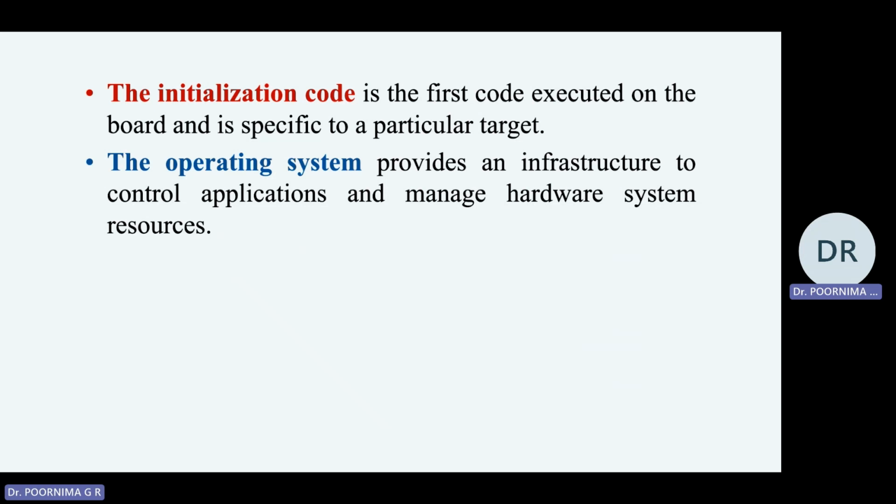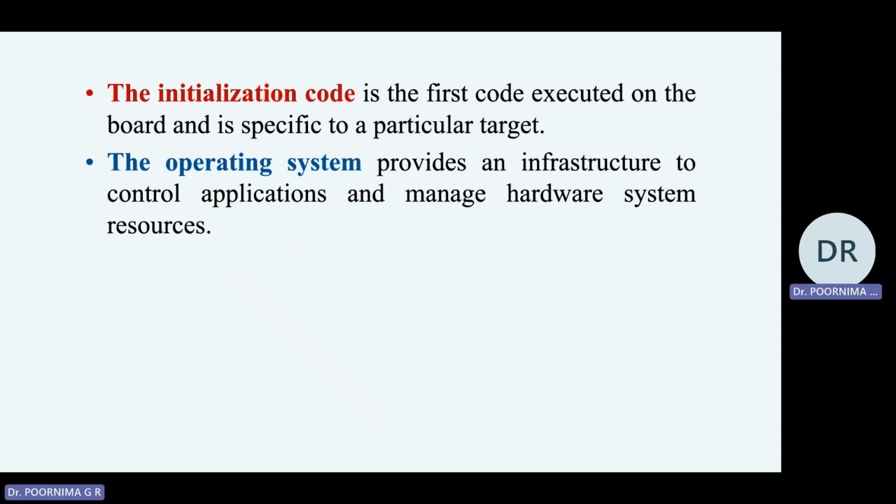For example, on your mobile, what are the various operating systems you have? Android, there are many, right? iOS. All these operating systems come along after the initialization process and its code.